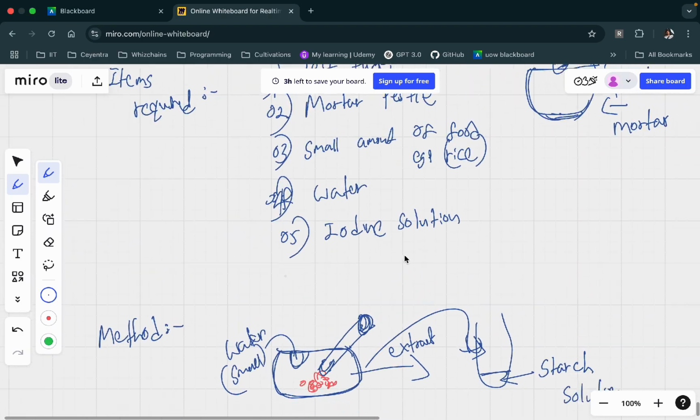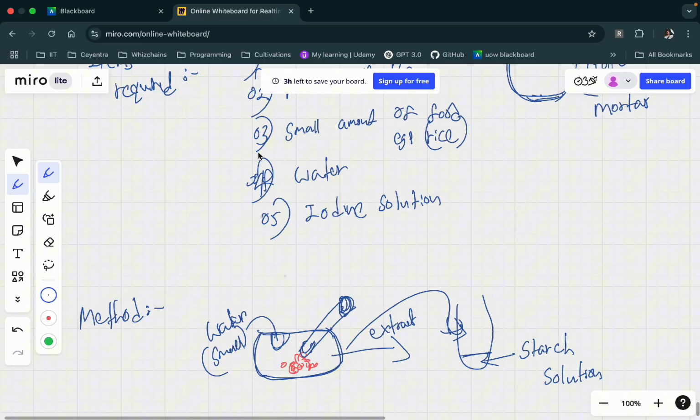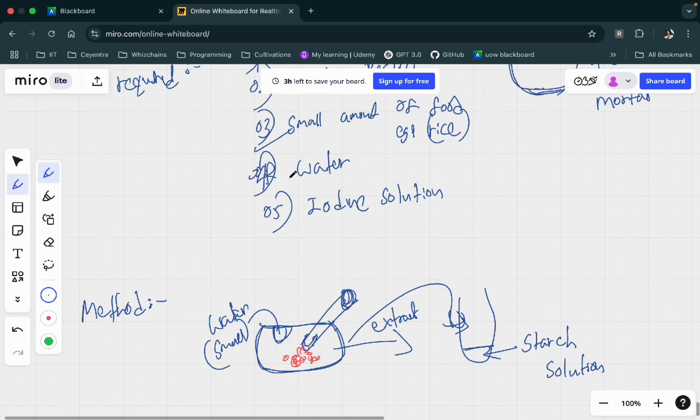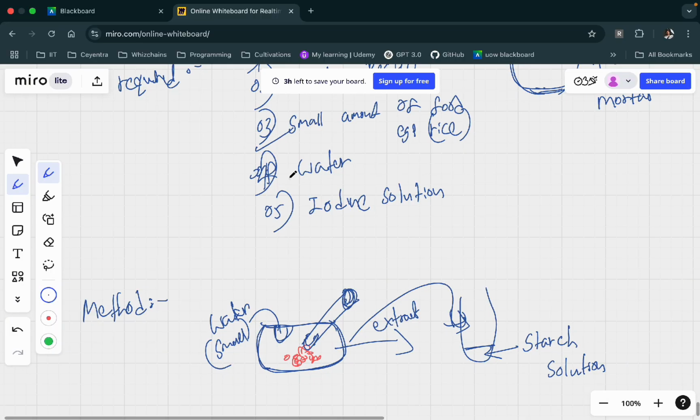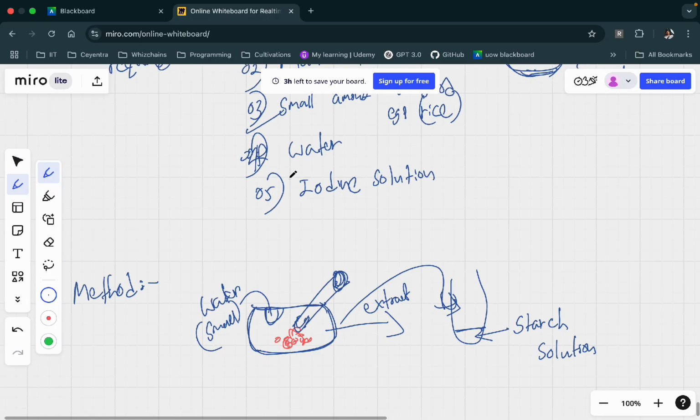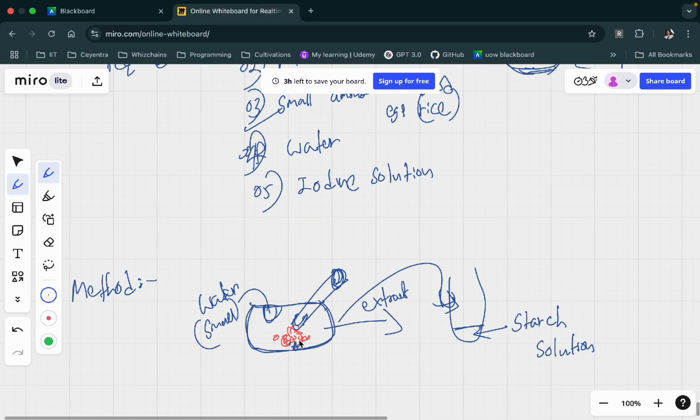So we have added some starch. Rice is starch, no? You already know that from the previous part that we have discussed in our revision. So here we have added rice. Then we have added some water and ground it well. Then we have created a starch solution. පිෂ්ඨය ද්‍රාවණයක් අපි හදාගත්තා. In Sinhala you can say පිෂ්ඨය ද්‍රාවණයක්.